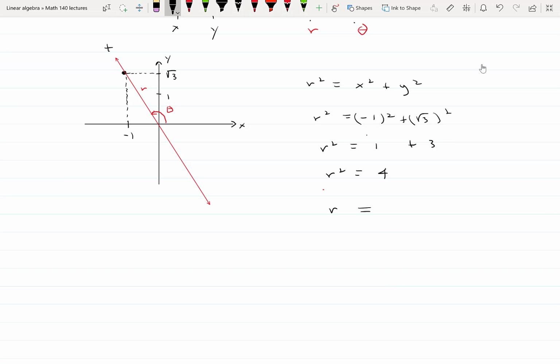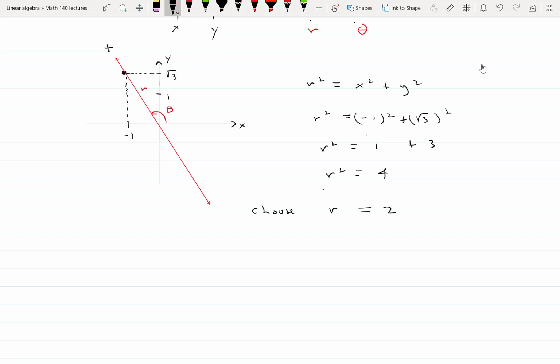Let's choose the positive square root. So R equals 2. That's fine. It's theta that gives us a little bit of a problem.